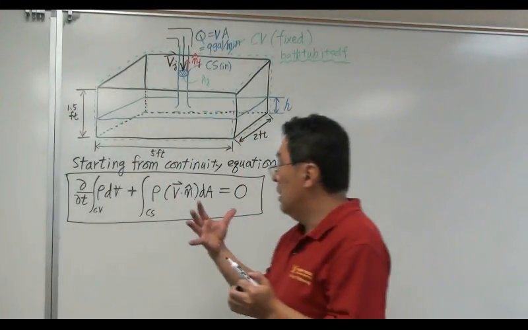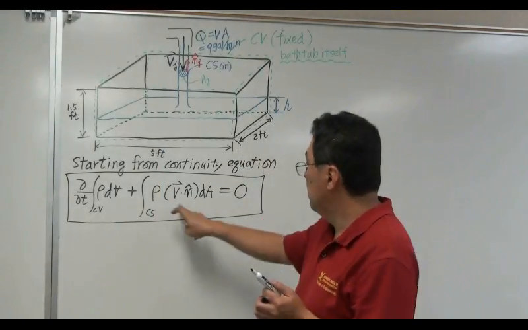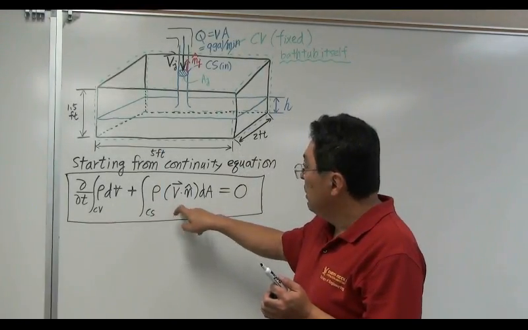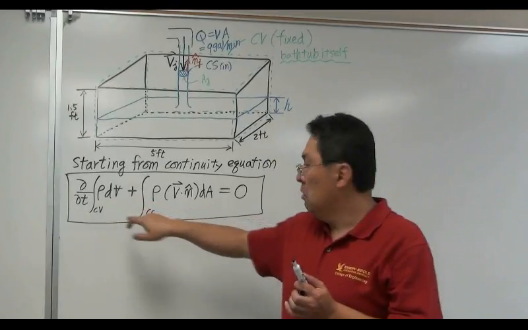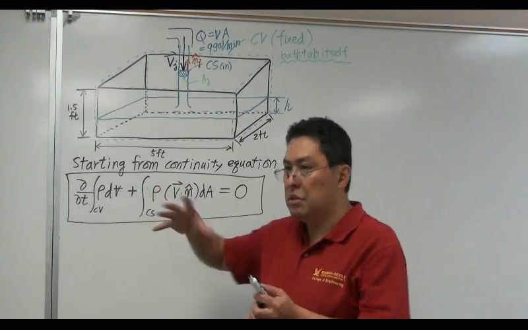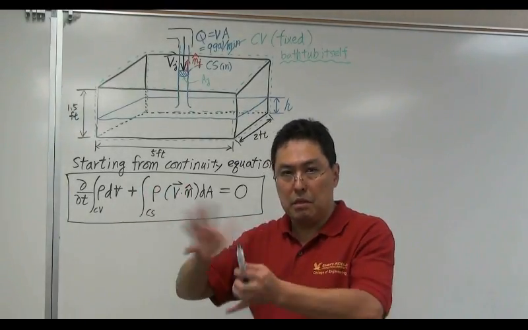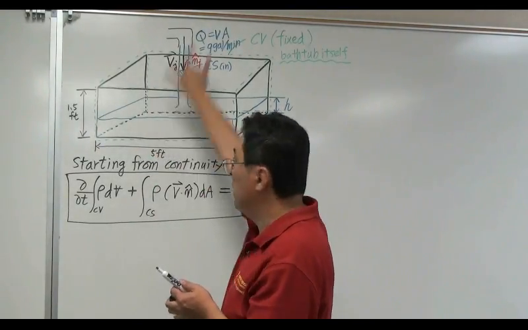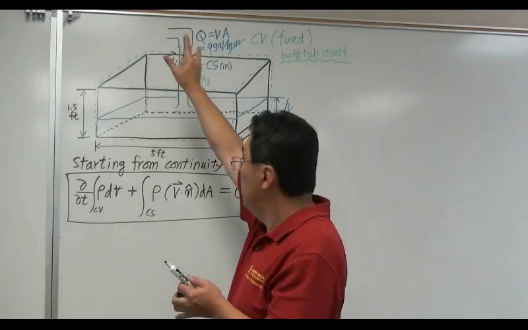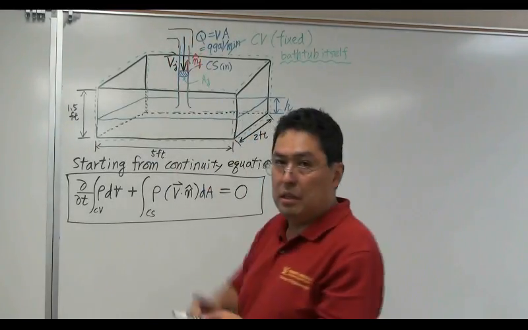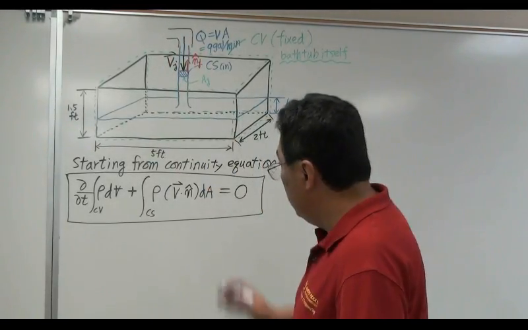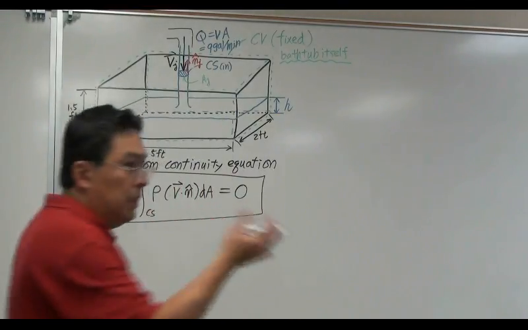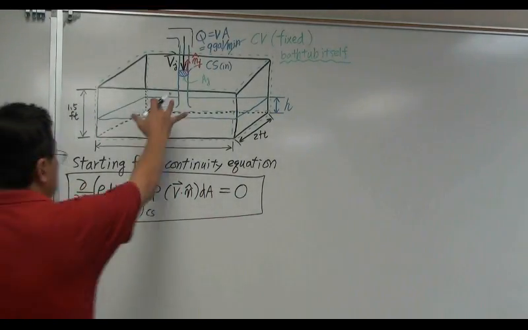So you can develop two equations, continuity for water and continuity for air, which is vice versa, or flip-flop to each other. As the water takes place, air needs to get out. Okay, one is increasing, one is decreasing. So in this analysis, I'm going to completely ignore the air escaping from the control surface.